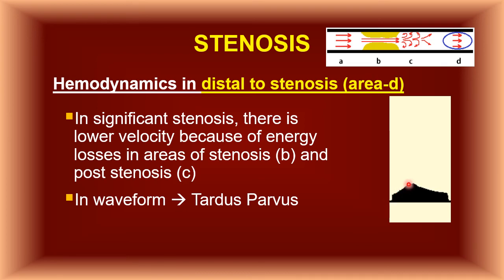That is one thing. Second thing, the peak systolic velocity is lowered, it is not that high. Why? Because we have lower energy provided. Why lower energy? Because a big part of the energy is consumed in the stenotic and post-stenotic area here. So at the end, what we get in area D is Tardus Parvus: delayed and low velocity.